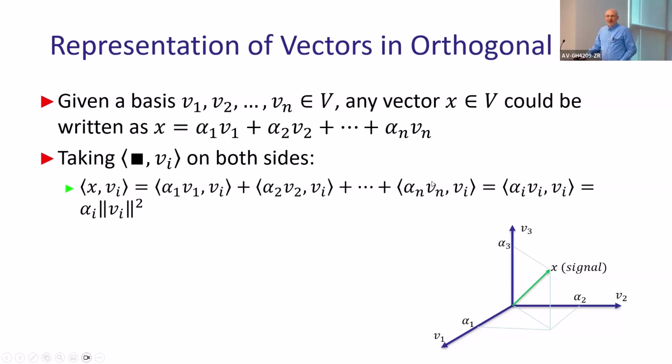Now, look what happens when you do inner product between Vn and Vi where they are not equal to each other, two different vectors. And the vectors are orthogonal, which means dot product between each vector and another vector, but not itself, is zero. What happens to the dot product or inner product?